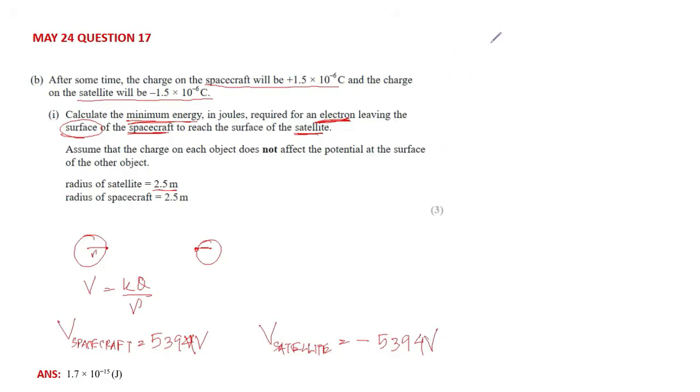Now, let's recall some basics. You know the equation for electric potential, right? So electric potential, one equation is kq by r, the other one is electric potential energy per unit charge, right? But if you want to find the change in electric potential, that would be change in electric potential energy per unit charge.